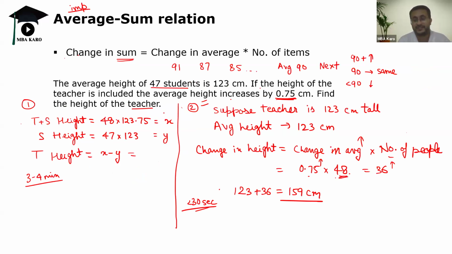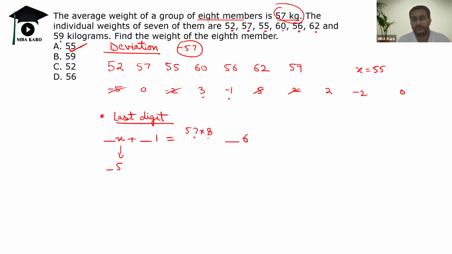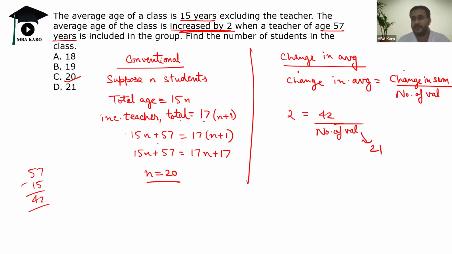So we have to include the latest value and then get the number of values. This is the thing you need to keep in mind. Otherwise, you might end up making the mistake of answering 21 as the answer. So we get 21, which means teacher plus 20 students. The only thing that is important is you should know that 21 will come after including the teacher.